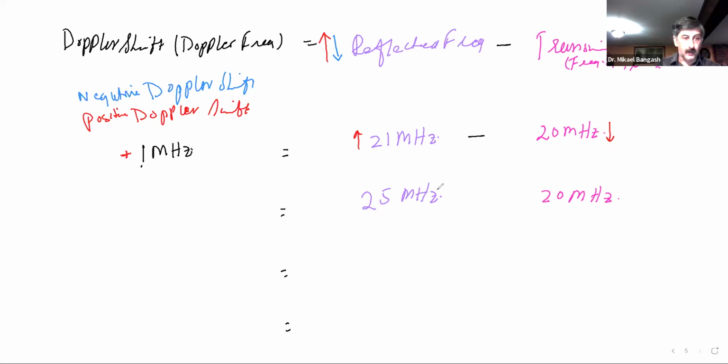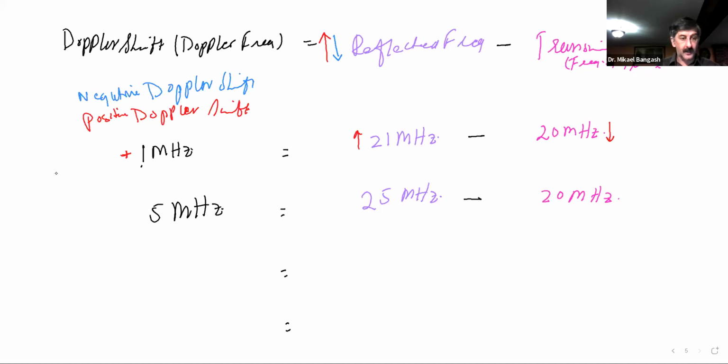We had 25 megahertz from which we subtract 20, so we are left with 5 megahertz.